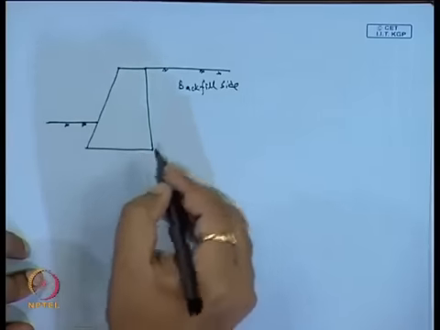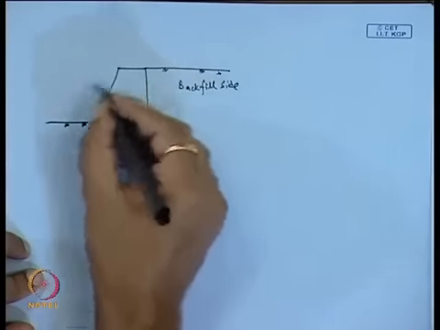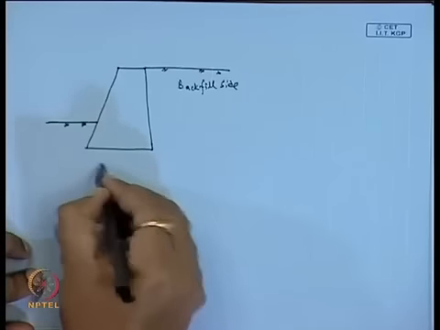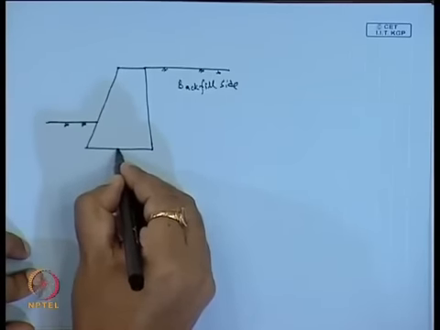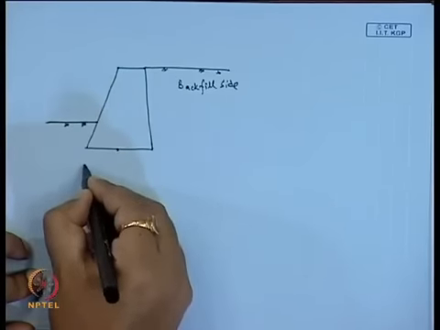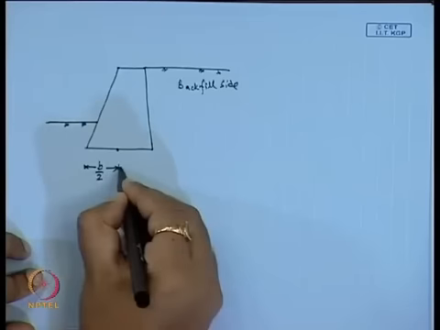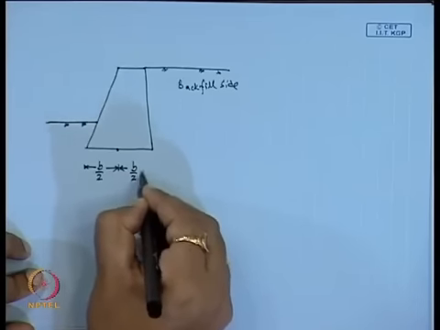Now, if I go through the free body diagram of this retaining wall structure, if this is the center of the retaining wall, this is B by 2 and this one is also B by 2.